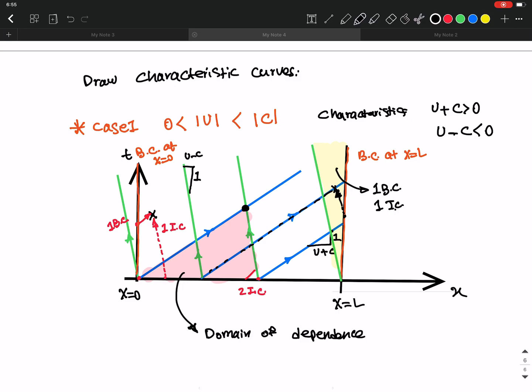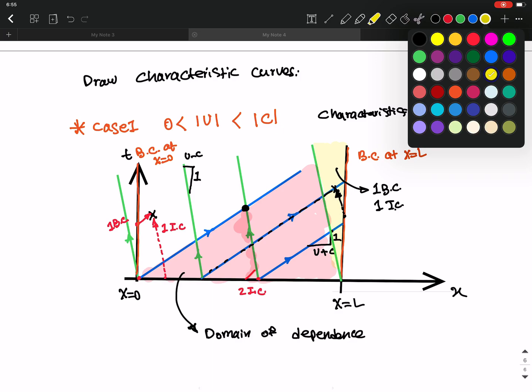So if I want to extend it, this is where you would need only 2 initial conditions, up to here. And then for the other one, let me draw it with another color, maybe this one.